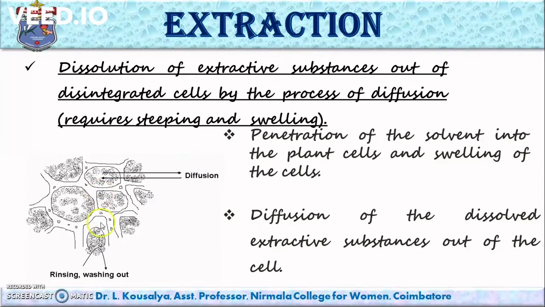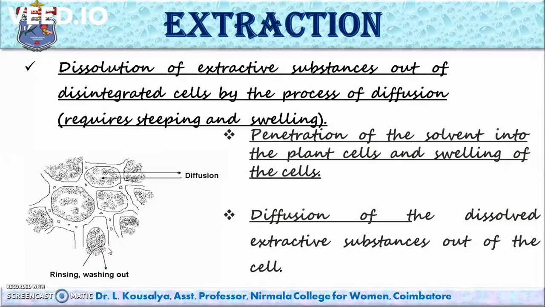After some time, the cell will disintegrate and rinse out all the phytochemicals present in the cell. So this is the penetration of the solvent into the plant cell, making the cell swell. So the diffusion of the dissolved extractive substance comes out of the cell.